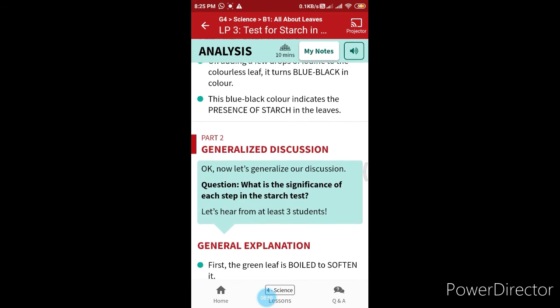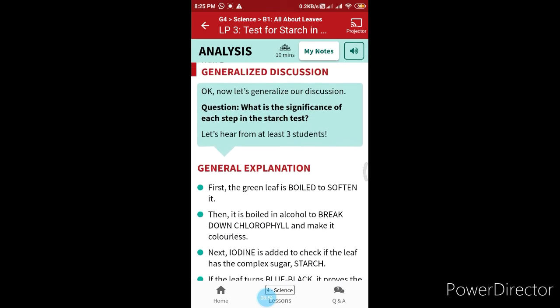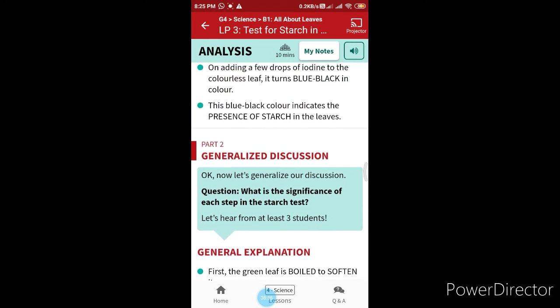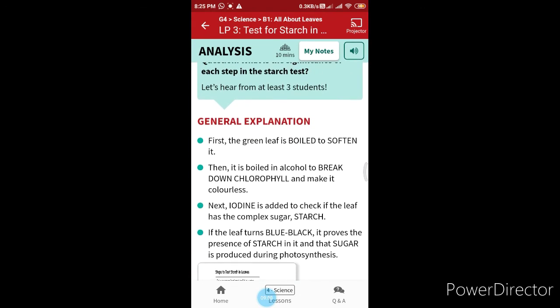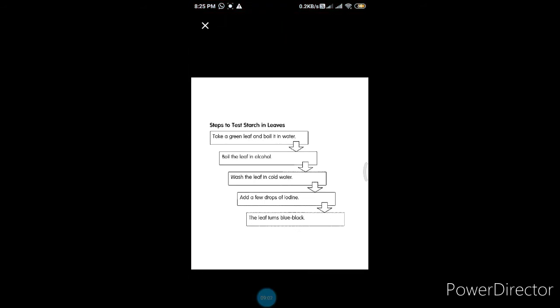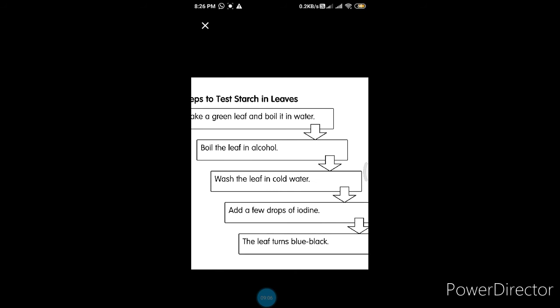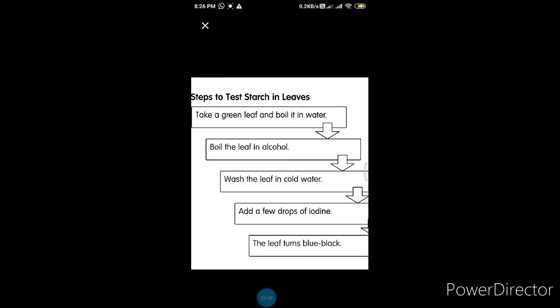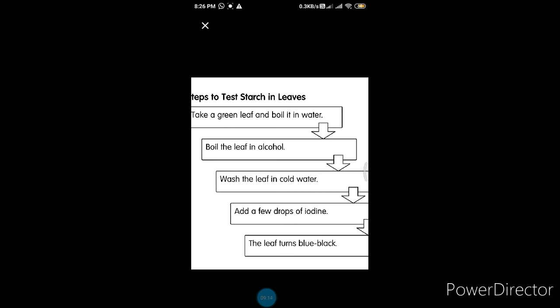What is the significance of each step in the starch test? If you write a flow chart for each step, it shows how we do the starch test in leaves. The first step, you take a green leaf and boil it in hot water, and then you boil the leaf in alcohol.